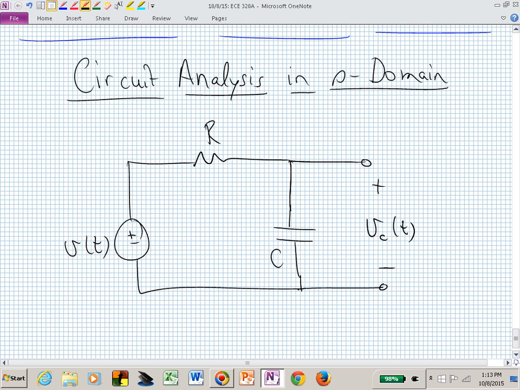What is that circuit? If somebody gave that to you on a job interview and they said, tell me about this circuit, that's an RC circuit, and it's low pass. So this is a low pass filter, and now we need to see if we can actually justify that through our analysis.